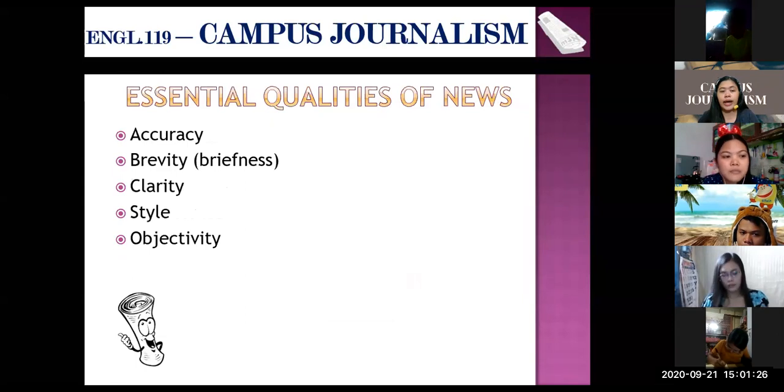We also have essential qualities of news. It should be accurate, brief, brevity or shortness, clarity, style, and objectivity. So although there is style, the news should be objective, not biased, not personal, not subjective.